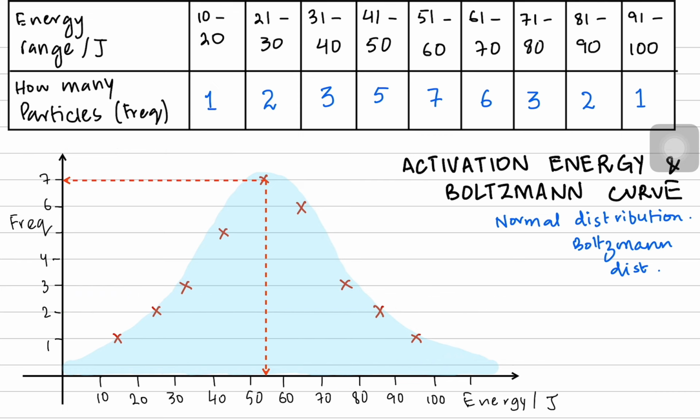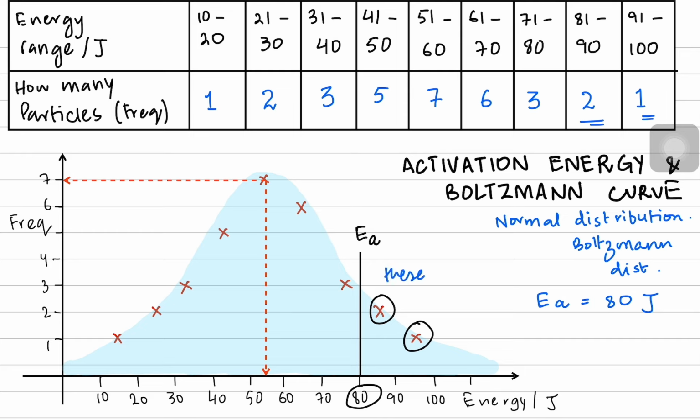Now going into the detail, imagine these particles want to react, but the activation energy is 80 units. Now only the particles with energy equal to or higher than 80 can properly react. So we don't care about particles with low energies, we care about particles which have high energy, like these ones.